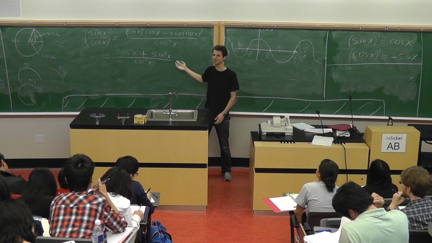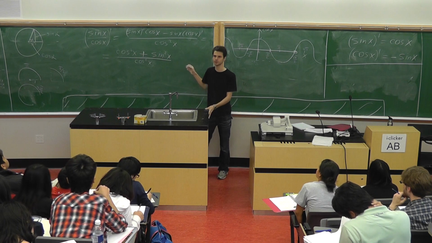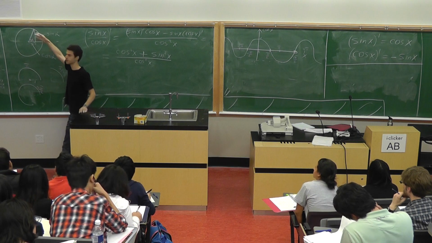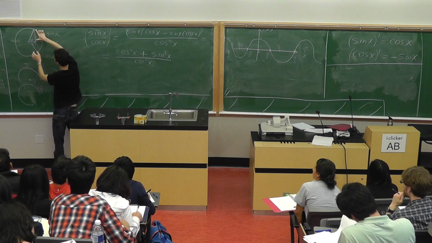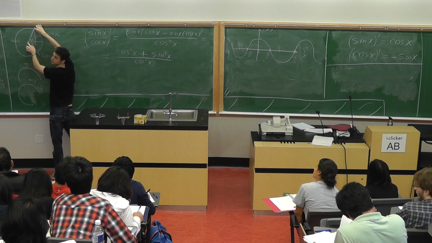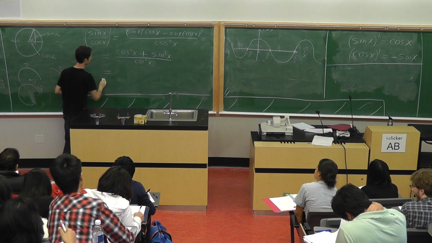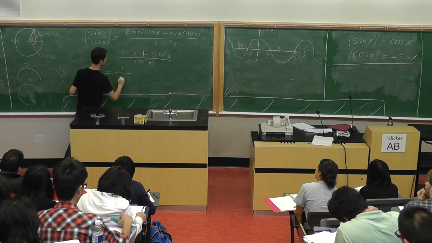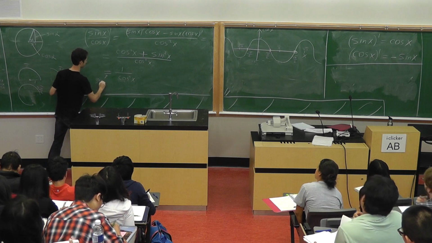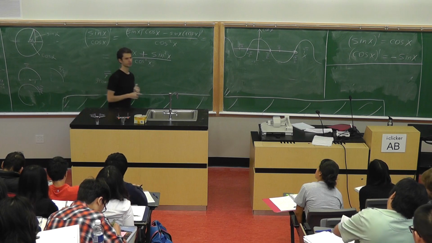In general, this expression can be simplified. If you look at this circle and you know the Pythagorean theorem, you'll notice that sine squared plus cosine squared is exactly 1. So from some geometry, you can conclude that this is in fact 1 over cosine squared of x.